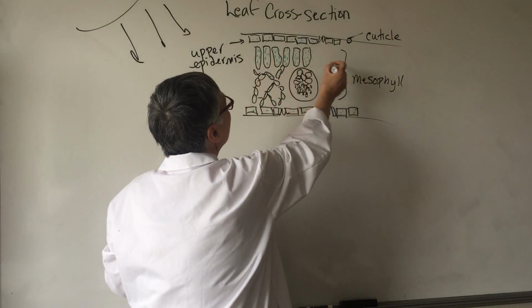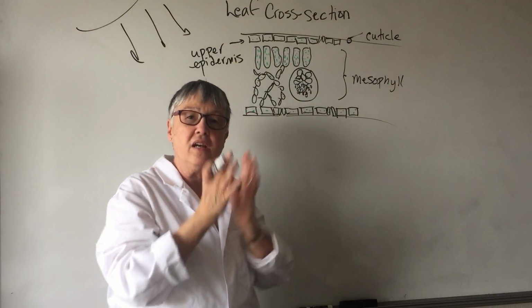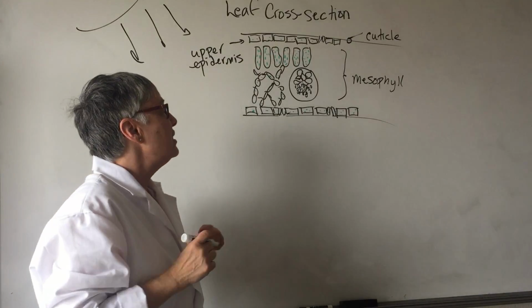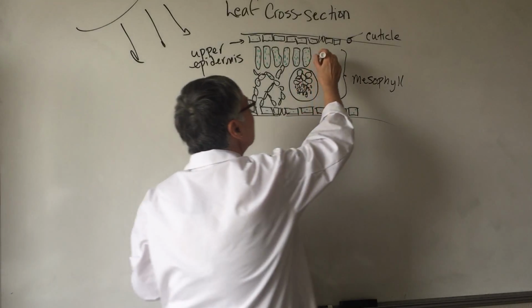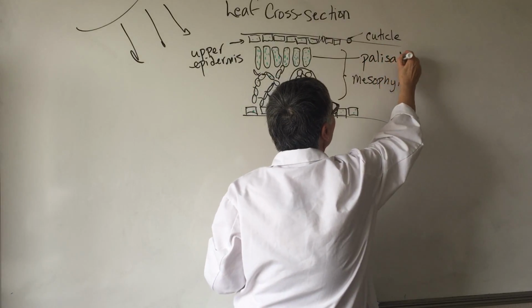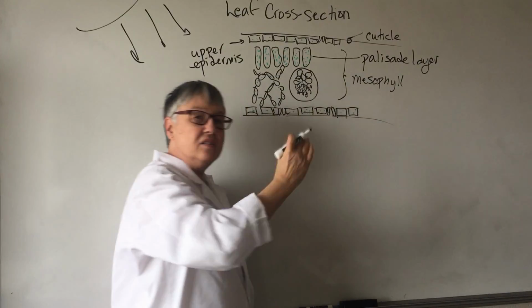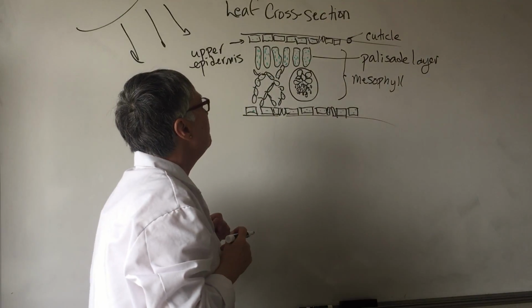The upper layer of mesophyll is composed of columnar cells that are stacked side by side, and so this is sometimes called the palisade layer because they're stacked that way.